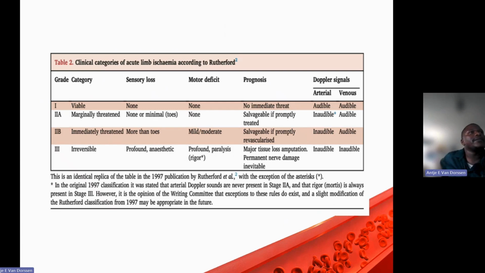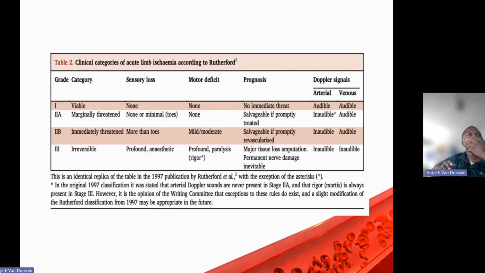As you can see, we grade it from 1 to 3, and usually 1 and 3 are quite straightforward, and you kind of know exactly what you're going to do for the patient. So grade 1 is, of course, a viable limb. There's no sensory loss at that time. There's no motor deficit, and there's really no immediate threat to the limb. There's just a patient presenting with pain.